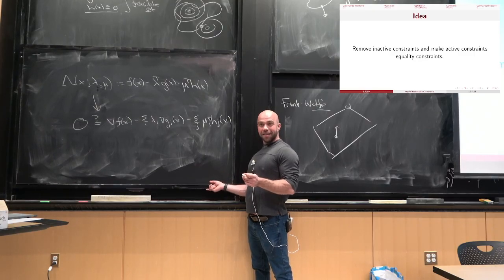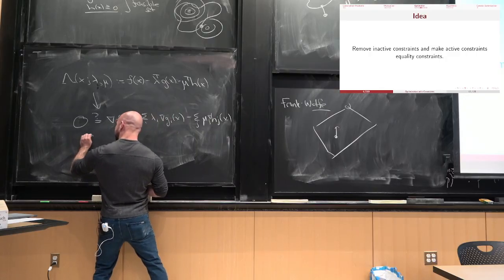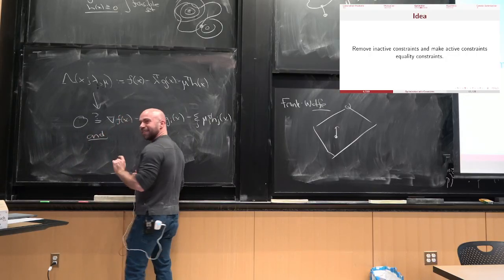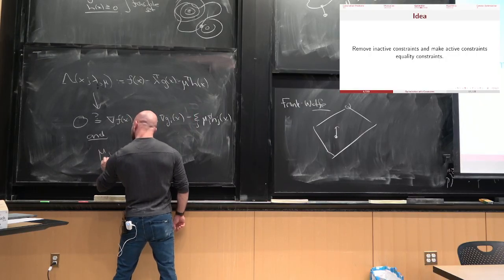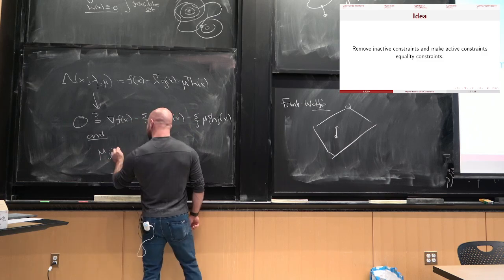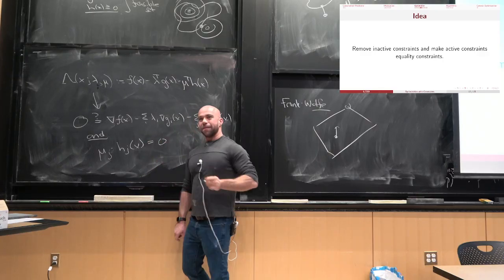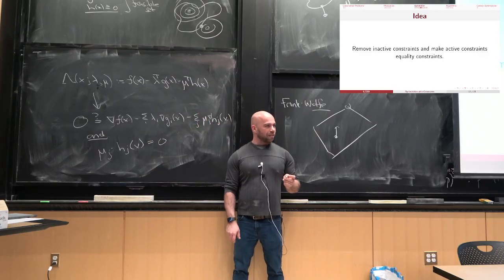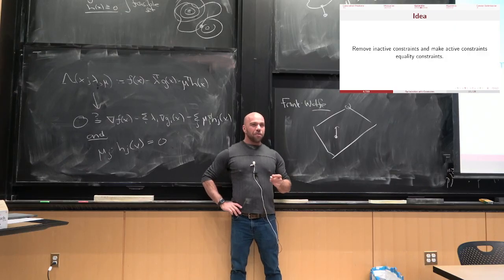I'm going to say that the following condition I actually can enforce, which is I'm going to have an and like that: mu j times h j of x is equal to 0. Now, this looks like abstract math, but it's actually just programming. If I have two numbers and I say I'm going to force their product to be 0, what is that in words?